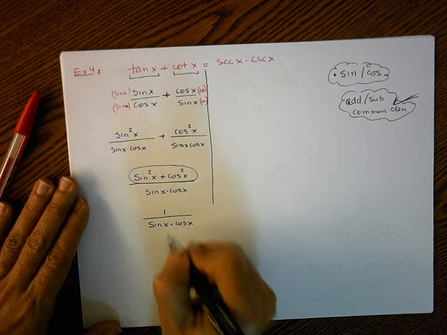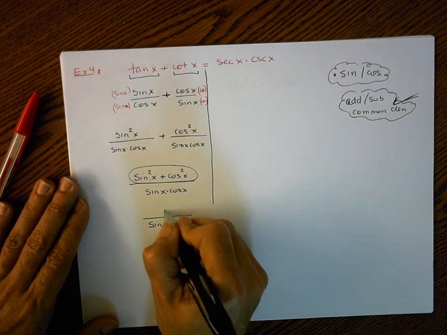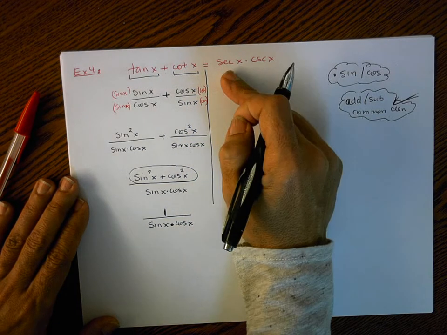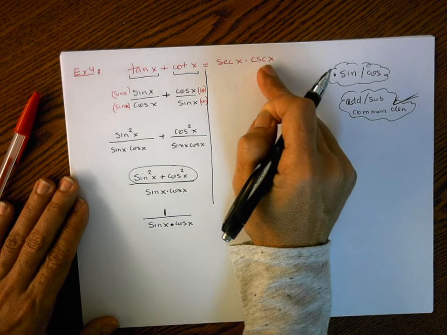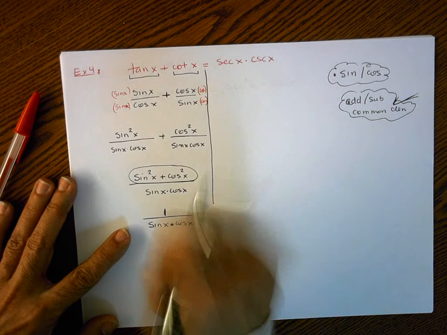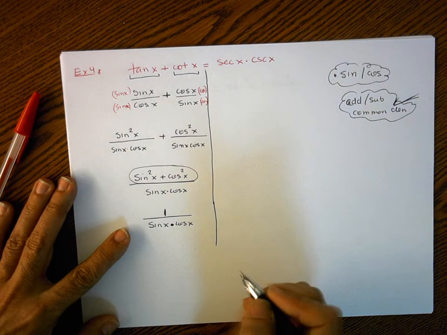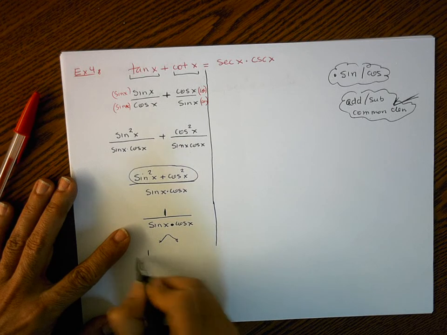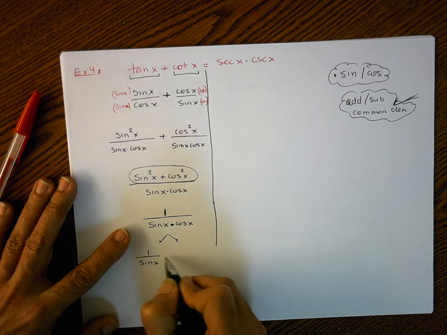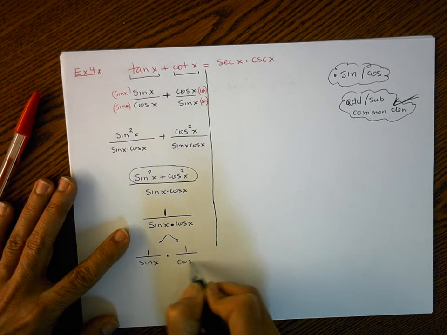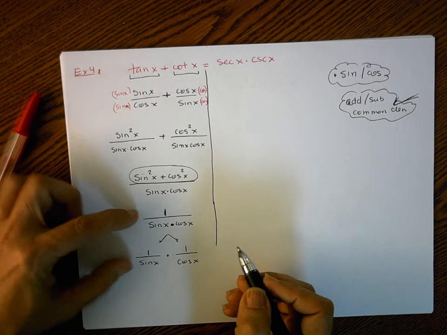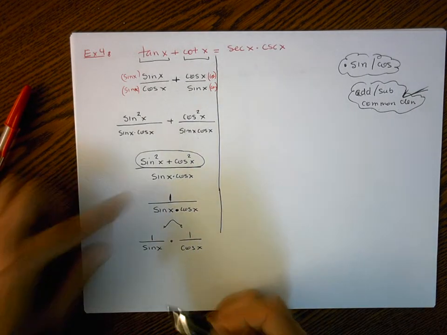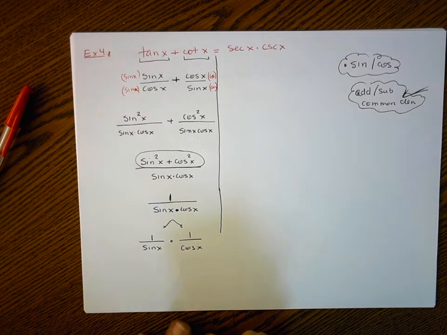Because I have a multiplication and the numerator of 1, and I want to turn it into something I know: secant is 1 over cosine, cosecant is 1 over the sine. I can make that appear right here. I'm going to split into two fractions, okay? I'm going to say 1 over the sine of x times 1 over cosine of x. These two are completely equivalent, all right? These together or separate is an equivalent expression.